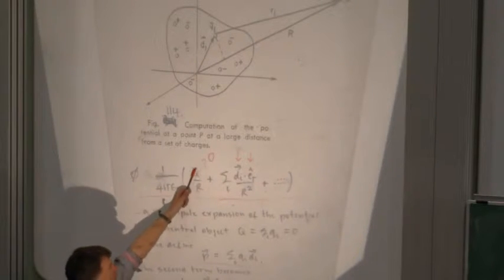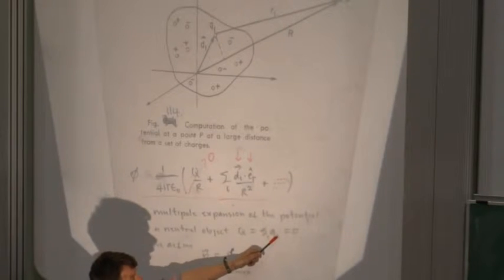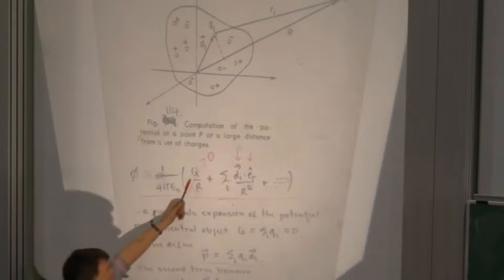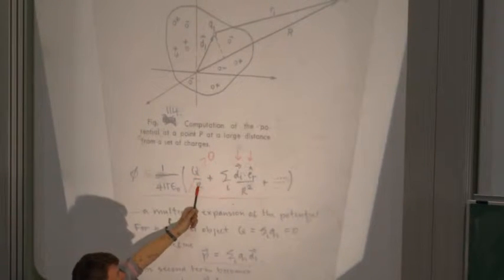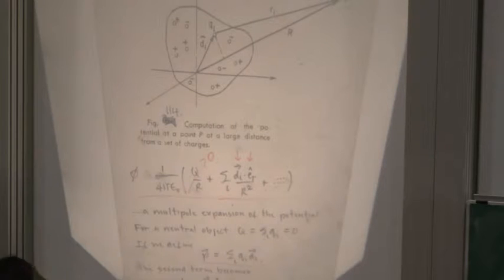If the object has a net charge, in other words, if this Q, which is the sum of all the Qi within the blob of charge, is non-zero, but for ordinary neutral matter, it's 0. So this first term, the so-called monopole term in the expansion, disappears, but that doesn't mean, emphatically not, that neutral matter has no electrical effects.